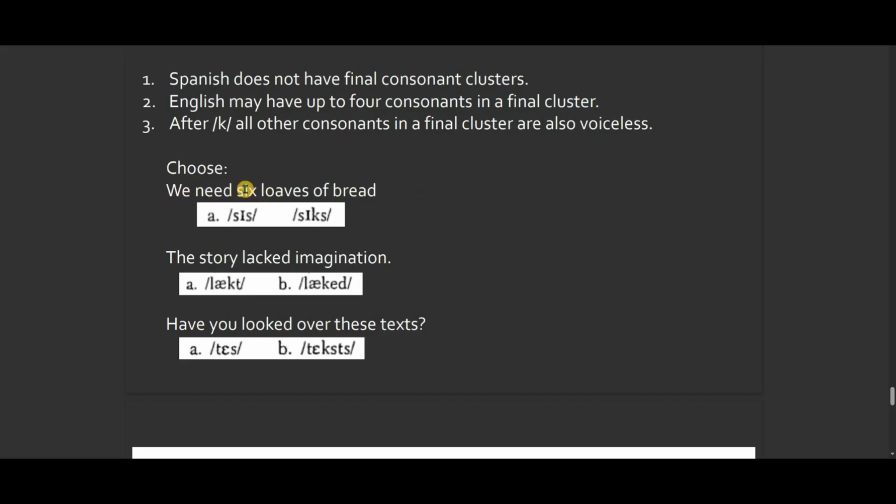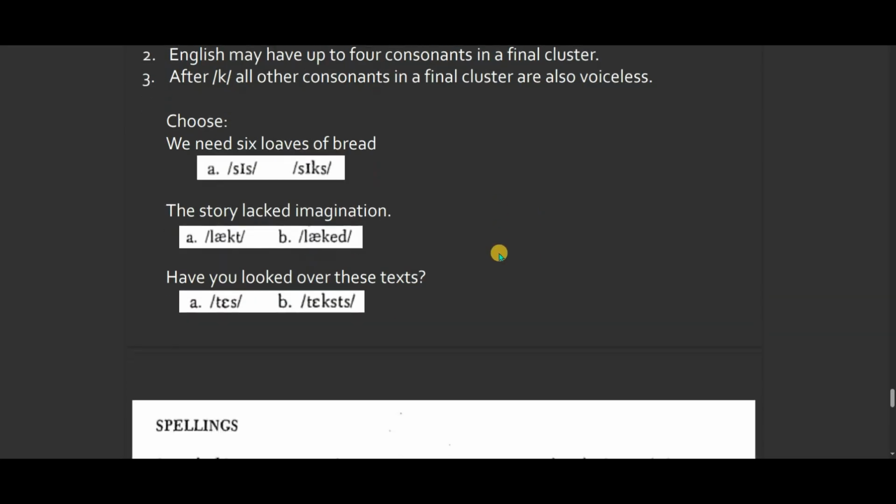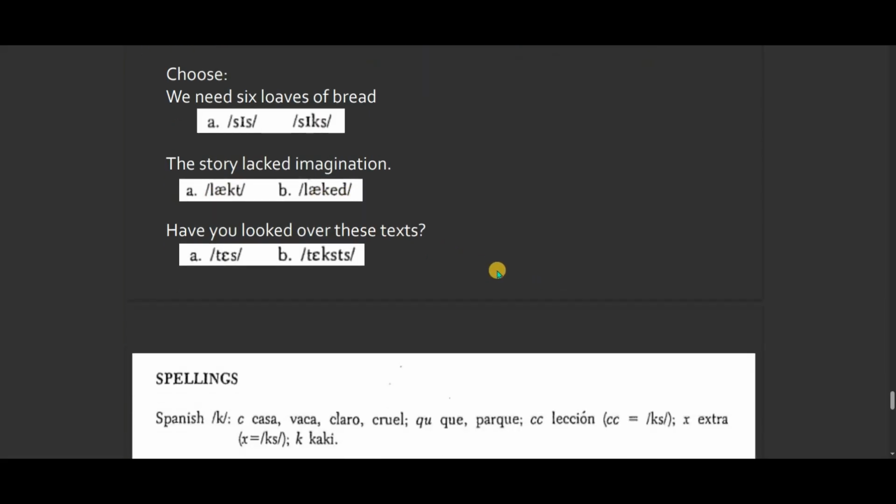We need 6 loaves of bread. Will it be 6 or 6? The story lacked imagination. Lacked or lacked? Have you looked over this text? Test or text?